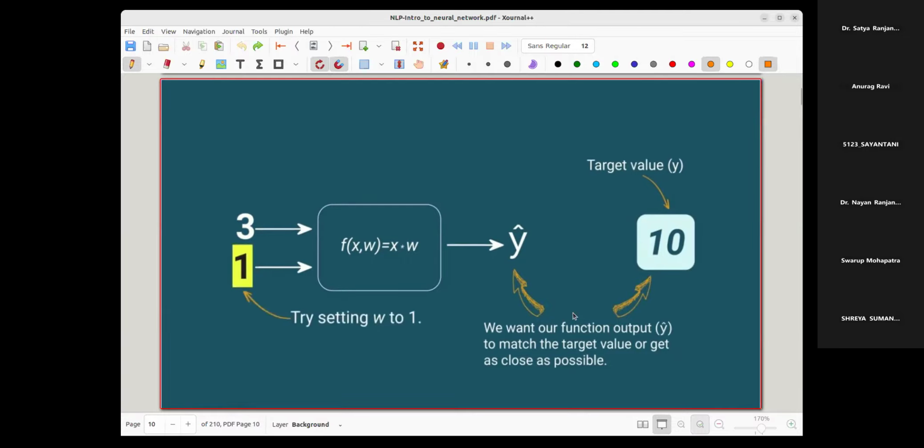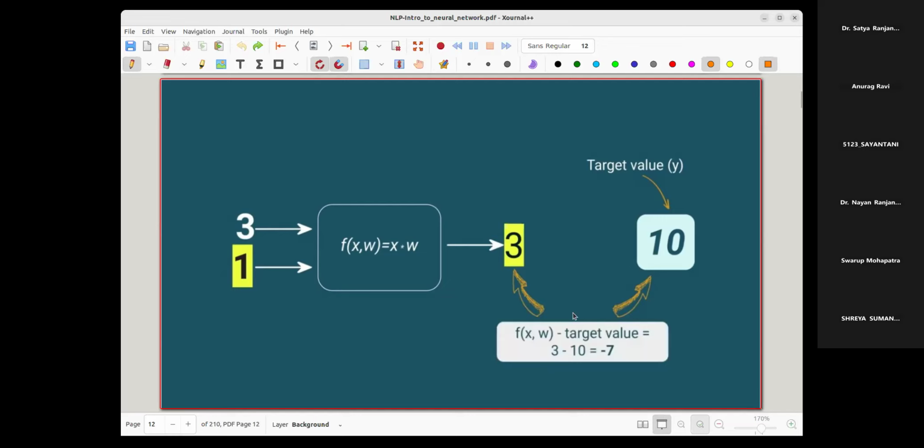Let's take w as 1. When we put w as 1, the output will be 3. Our objective is that the output should be 10, but when I take w equal to 1, it gives me output 3. The difference is -7, so the output is off by -7.